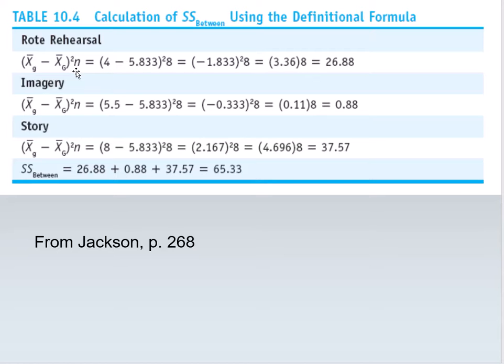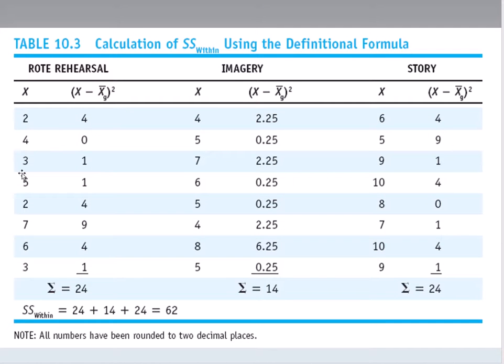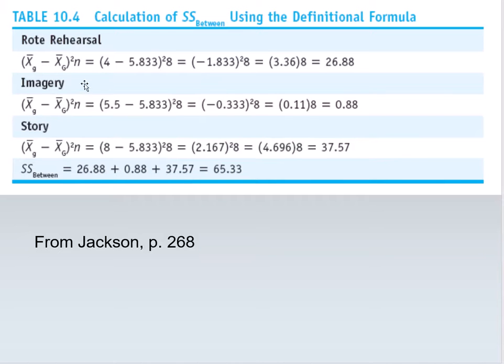Now this little n stands for sample size, so how big that particular group is. As we saw on the previous, we have 1, 2, 3, 4, 5, 6, 7, 8. So that's why we use 8 here.